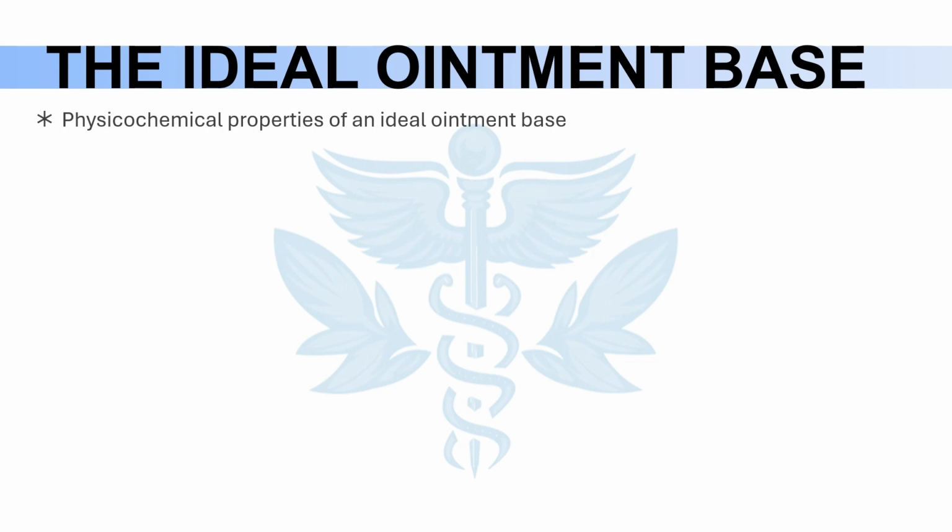So when we come to manufacture our ointment, what are the properties that make an ointment base ideal? It goes without saying that the ointment base should be non-irritating to the skin. It should be easily removable. And when I say easily removable, I mean that it can be washed off with water, either partly or completely. If I were to take water and I attempted to wash off the ointment base, it would reasonably be washed off.